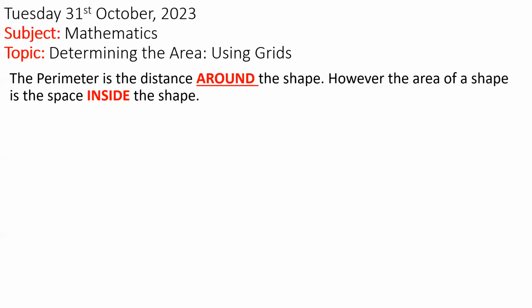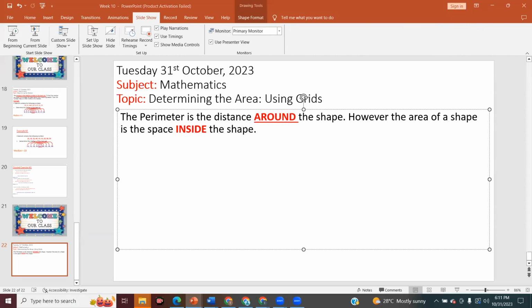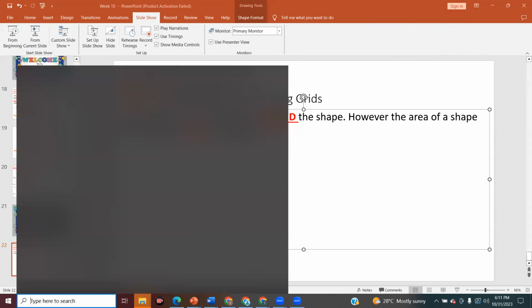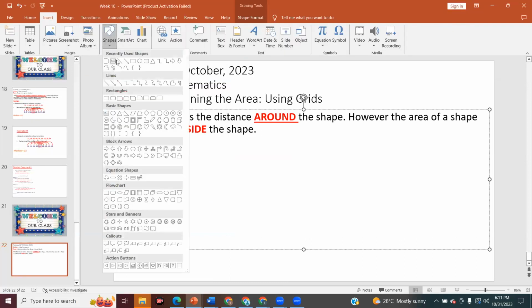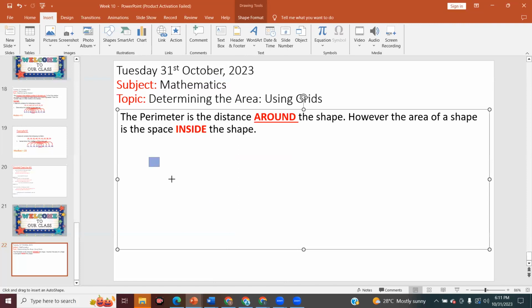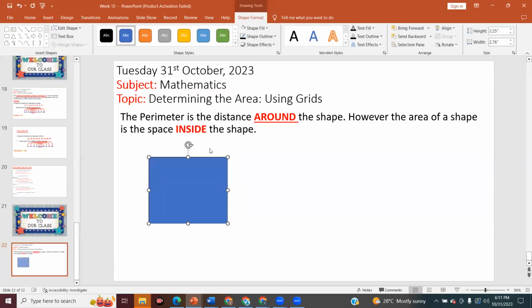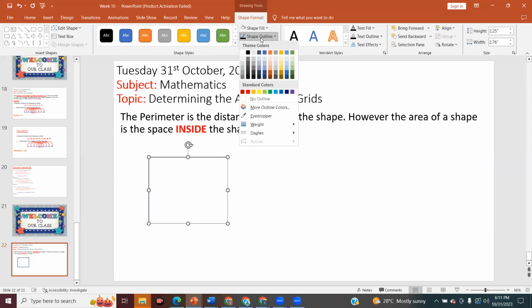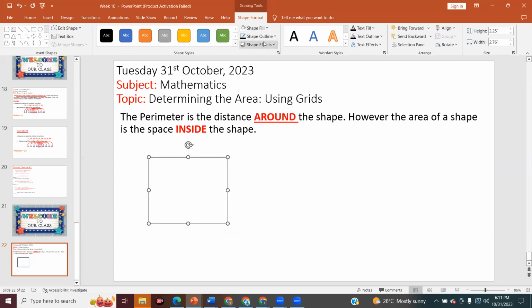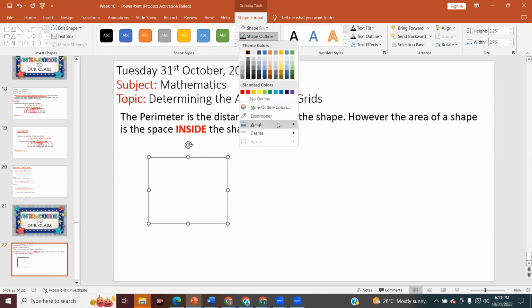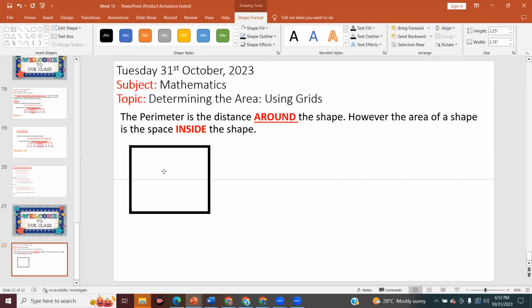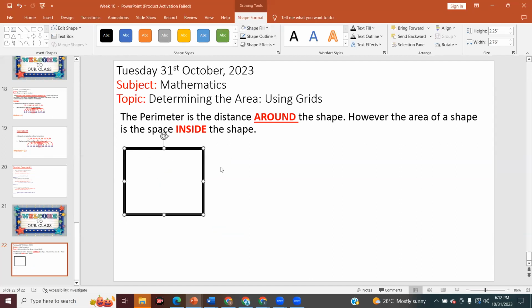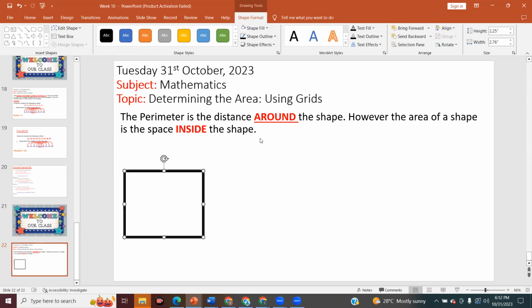Let's say we have this shape, and the shape fill is nothing, and the outline is this one. Let's go with an example.